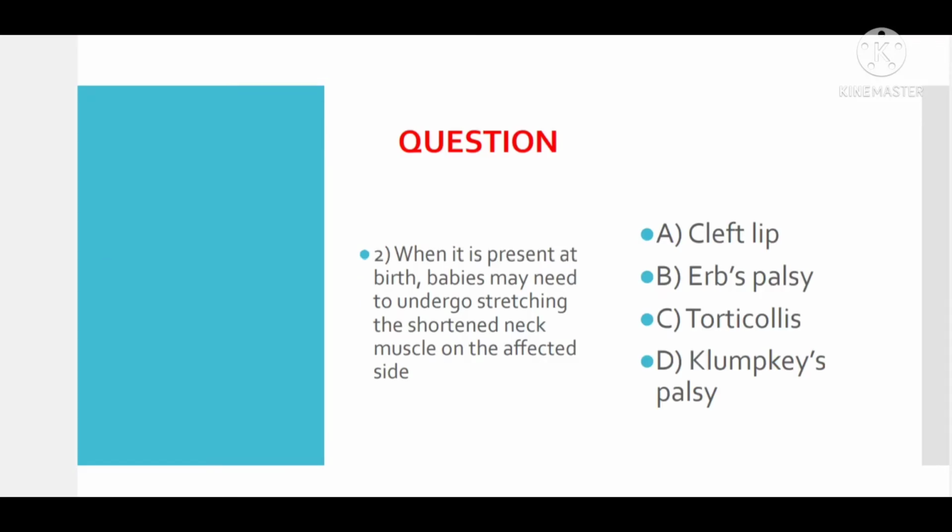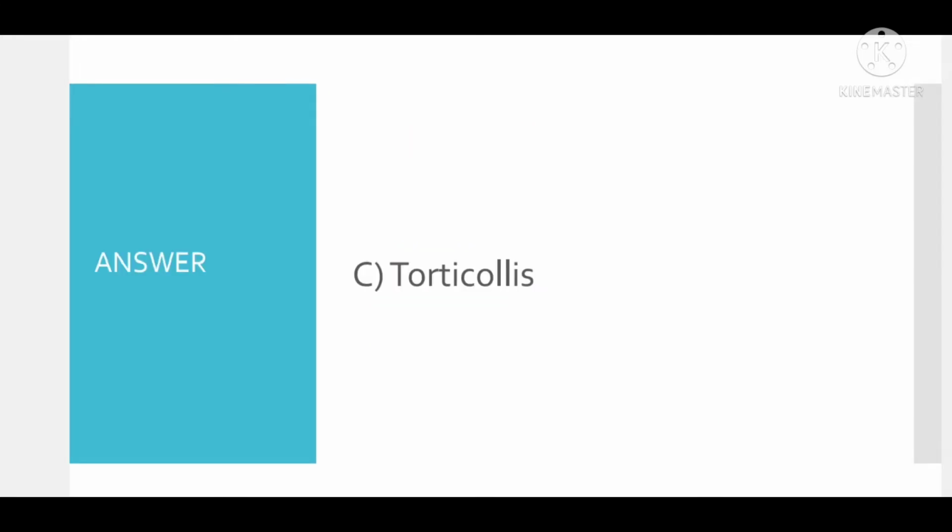Next question. Question number 2. When it is present at birth, babies may need to undergo stretching of the shortened neck muscles on the affected side. Option A cleft lip, option B Erb's palsy, option C torticollis, and last one D Klumpke's palsy. Here the correct answer: option C, torticollis.